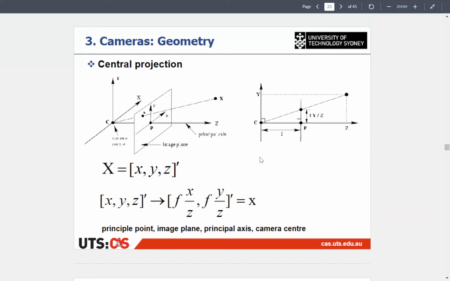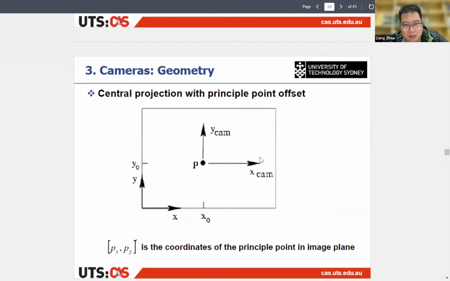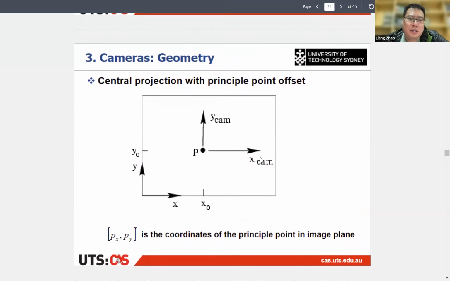If you go to the next page, yes, that's the one. Central projection gives you points with the origin at the principal point, P. P is the intersection between the camera axis, which goes from the camera center along Z, and the image plane.